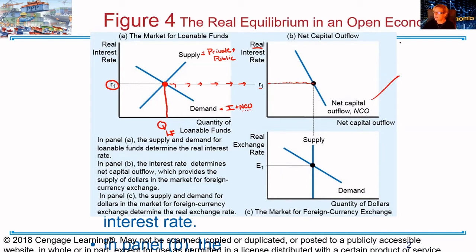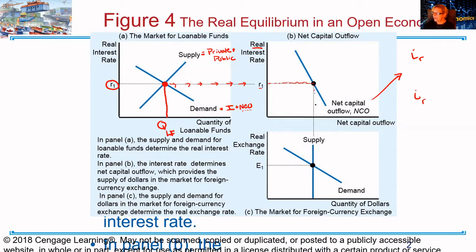Because remember that we're going to want to save with the higher interest rate. So the higher the real rate of interest, the more that capital is going to stay. And the lower the real interest rate, the more capital is going to flow to other countries. So the higher the interest rate, the more capital will stay domestically. The lower the interest rate, the more capital will flow out. We're going to talk about that again in a moment.